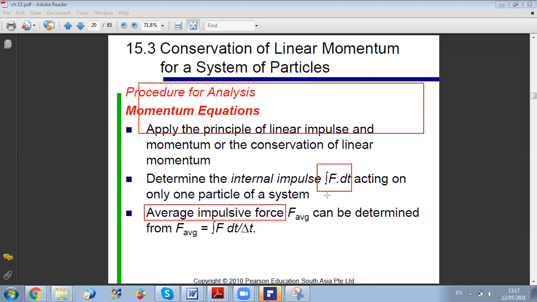If you want to define an average force that gives the same impulse, I can say the average force is the one such that the impulse I, which is the integral of F dt, equals a certain average force times delta t, which is the period of collision. So if I have the impulse, from the principle of impulse and momentum, and I have delta t as given, then I can say the average impulsive force is the impulse over delta t.